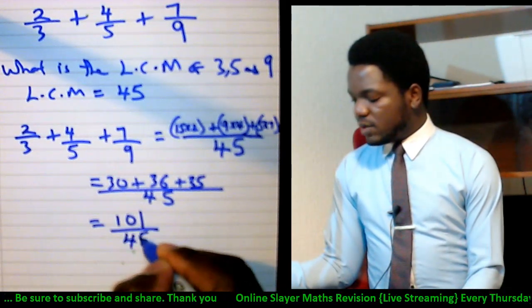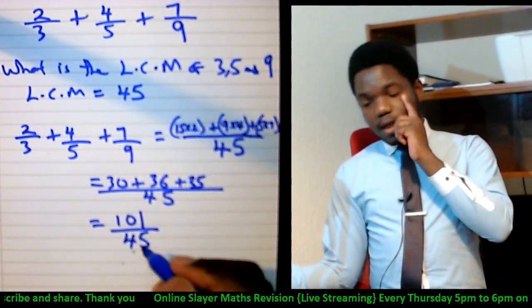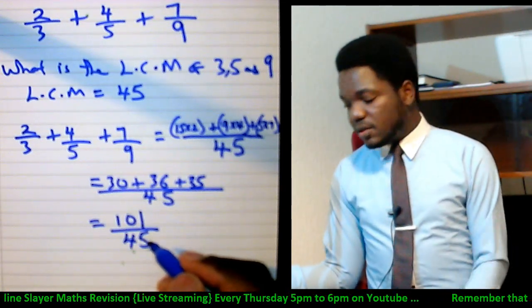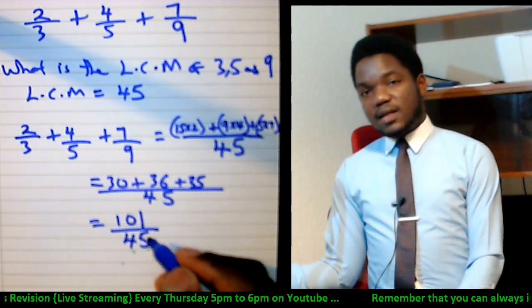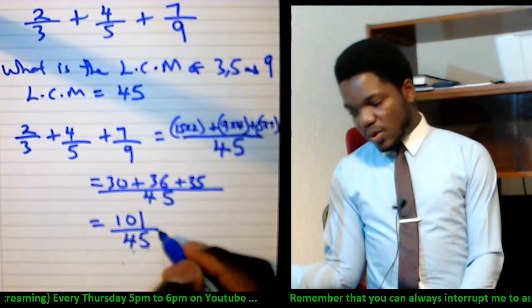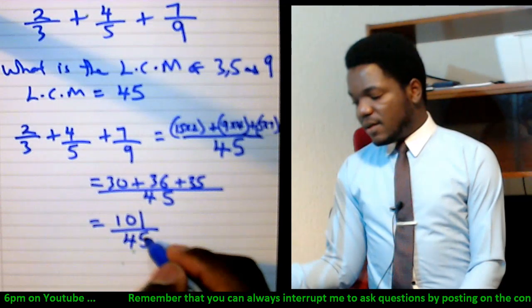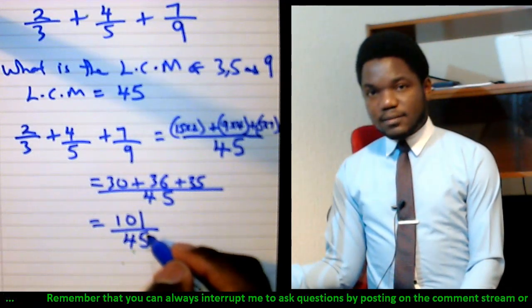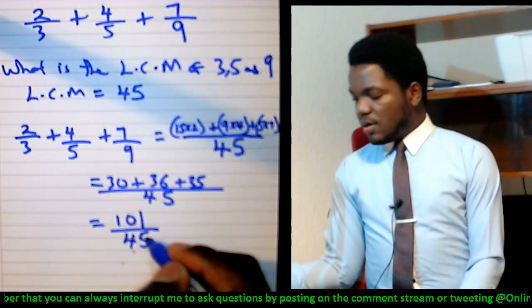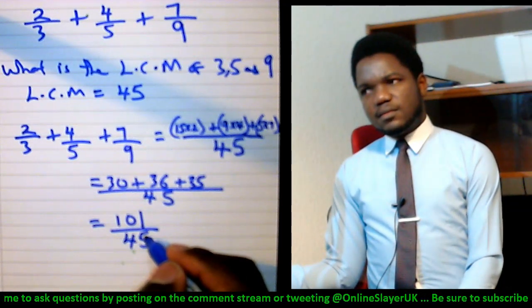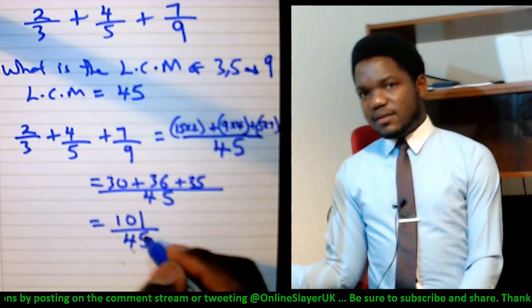Now, 101 over 45 is an improper fraction, so you might want to convert that to a proper fraction by asking the question, how many 45s do I have in 101? Well, 45 plus 45 is 90. That's almost everything you can get in 101.